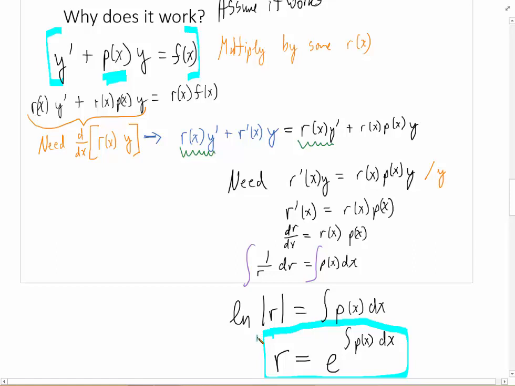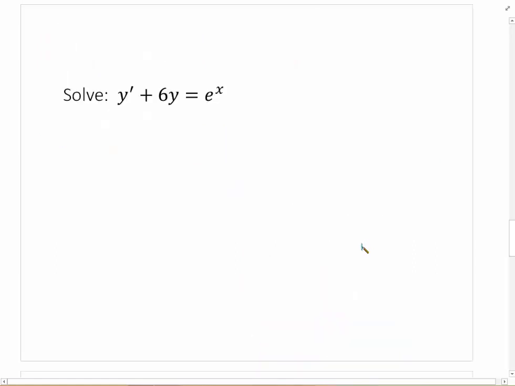Let's see a couple more examples of this technique. Alright, so let's solve the equation y prime plus 6y is e to the x. Alright, so notice that this equation is already in the standard form: y prime plus some p of x times y is equal to some f of x.